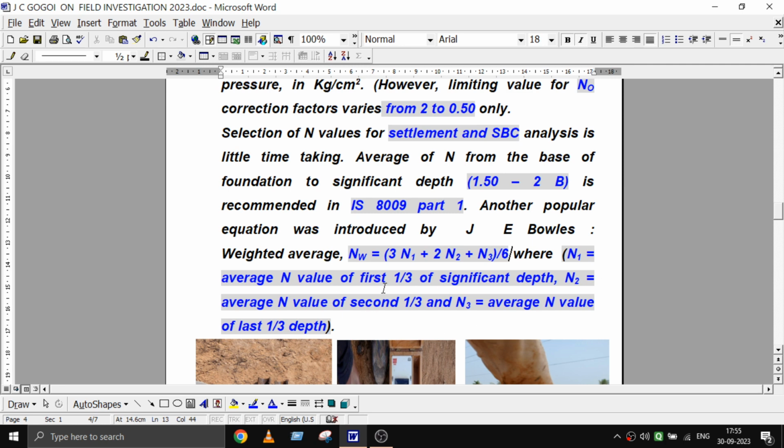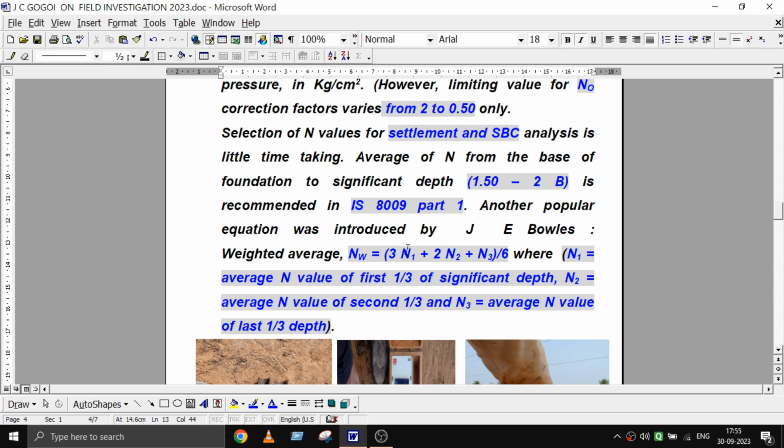In his opinion, up to one third below the base, this portion is heavily loaded.